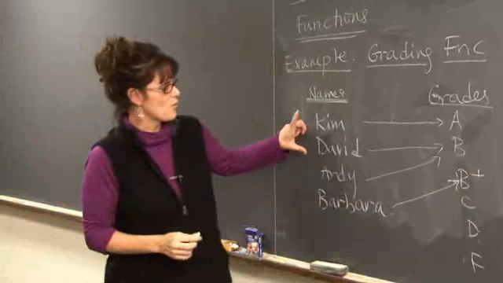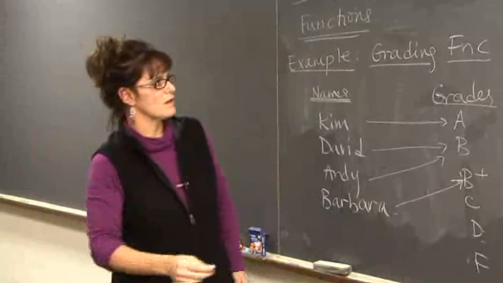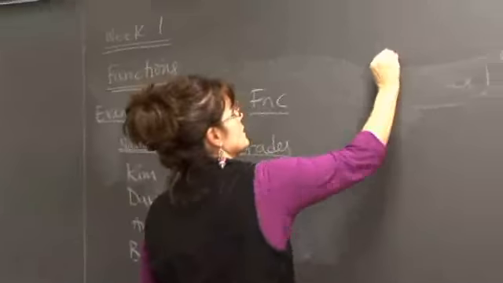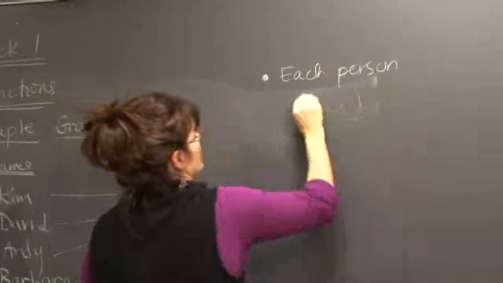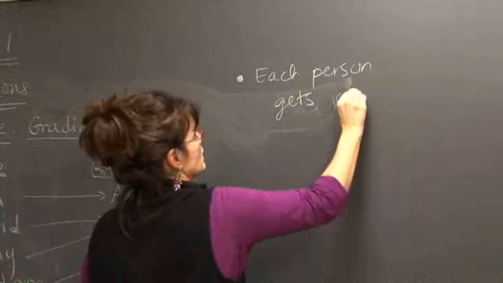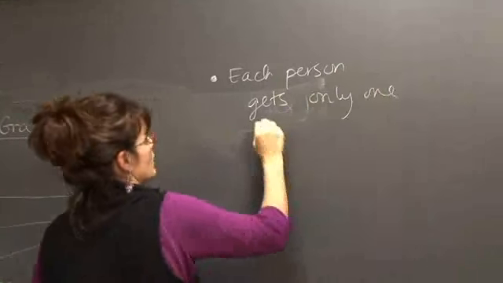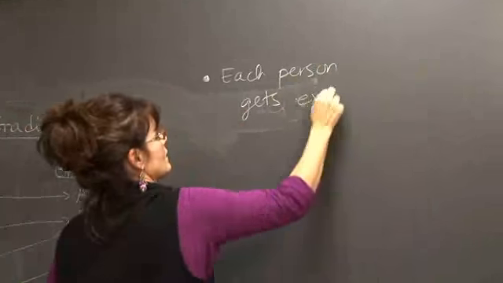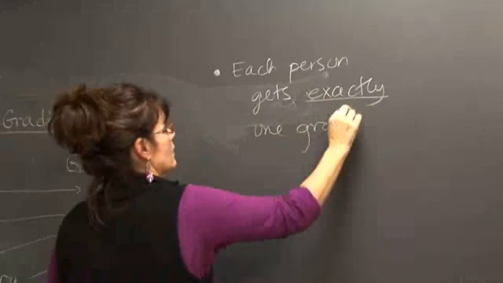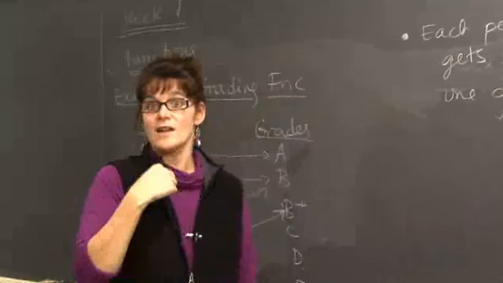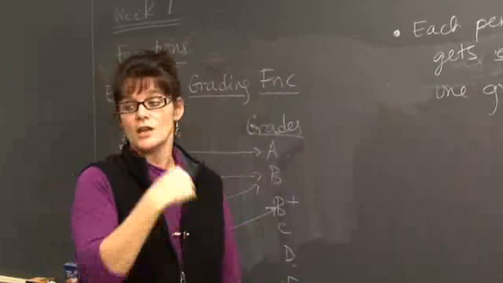All right? So the important parts to notice here is that each person gets only 1 grade. Or I'm going to say it this way, exactly 1 grade. If they finished the course, they had to get a grade, and they certainly cannot get 2 grades.